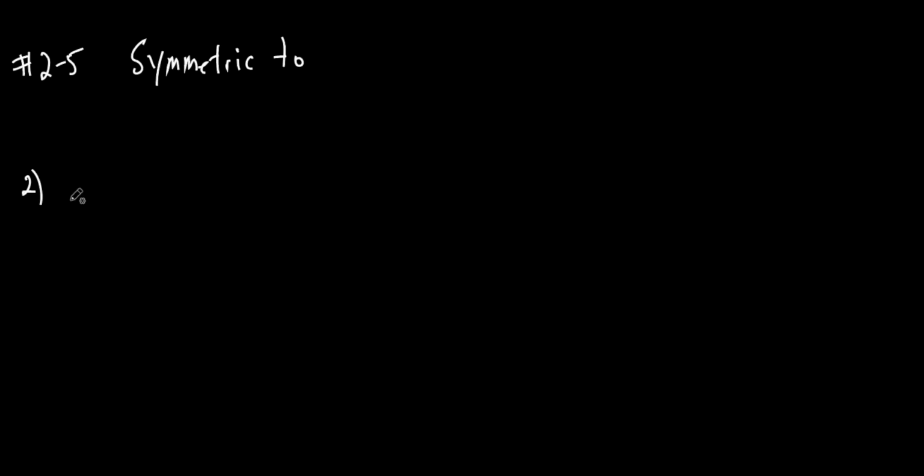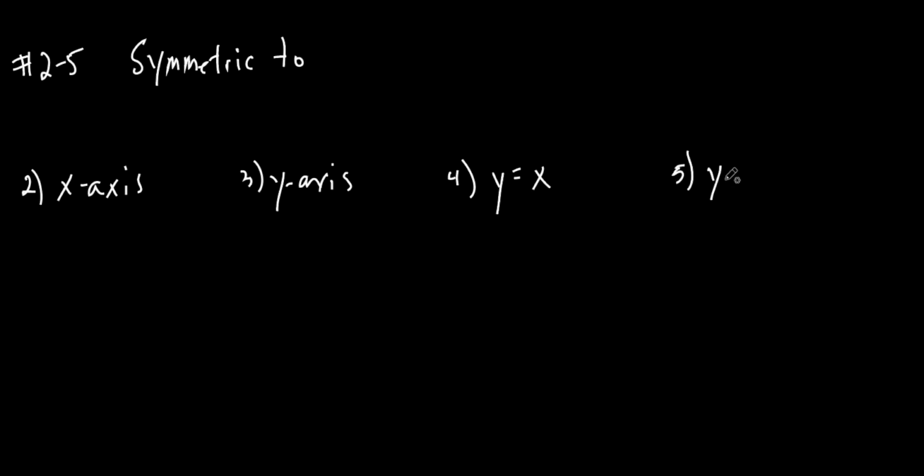All right? So the following would be the x-axis. Number 3 would be the y-axis. Number 4 would be the line y equals x. And number 5 would be the line, what was the other one? Y equals negative x.